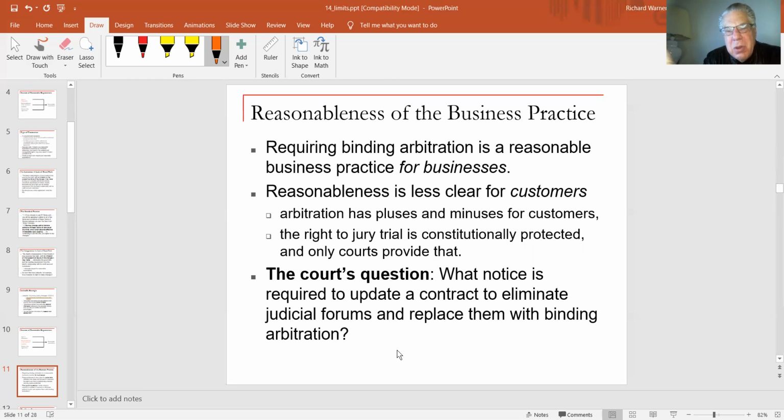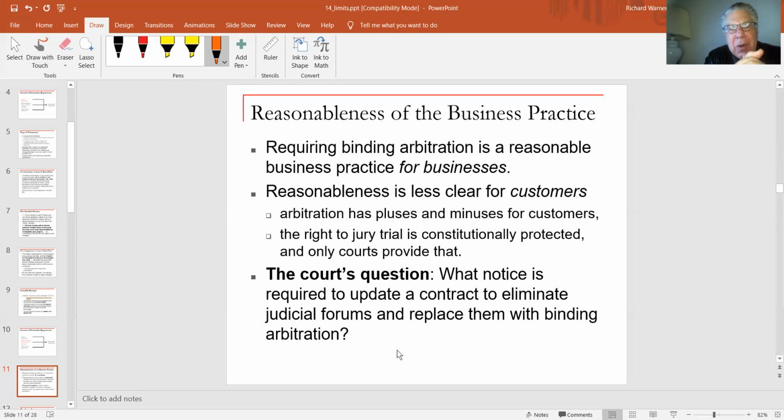Why won't you insure when the person flies on a substitute carrier in an emergency, right? Why do you say, well, we can't insure for that? And the insurance company never explained. So that was a pretty clear case of a lack of an explanation of the reasonableness of the business practice.